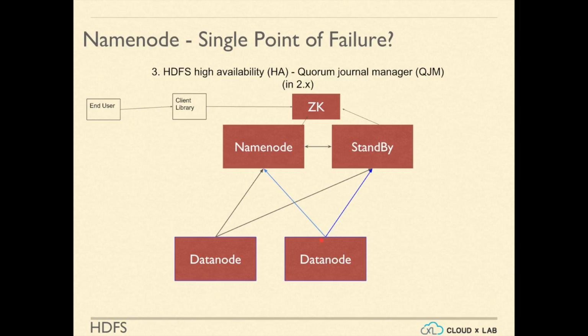The data nodes send block reports to both the active and the standby name nodes to keep all name nodes updated at any point of time. If the active name node fails, a standby can take over very quickly because it has the latest state of metadata. Zookeeper helps in switching between the active and the standby name nodes.